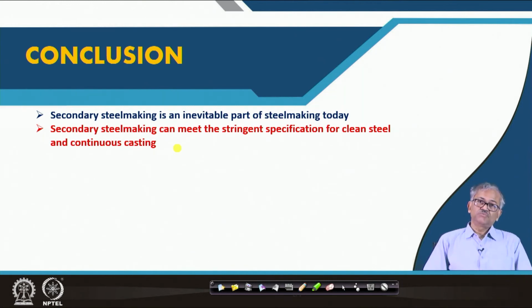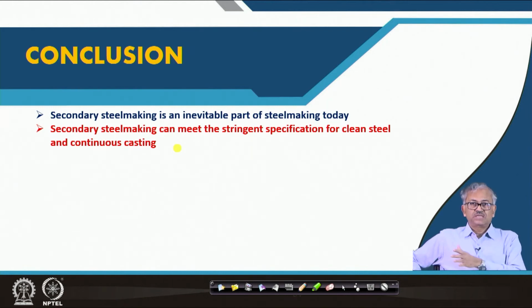Then deep decarburization, deep deoxidation, deep desulfurization, everything will be carried out during the secondary steel making process during the transit of the ladle from the SMS to the caster. So you can save some time also during this process. All the transit time you can utilize for secondary processing of steel.